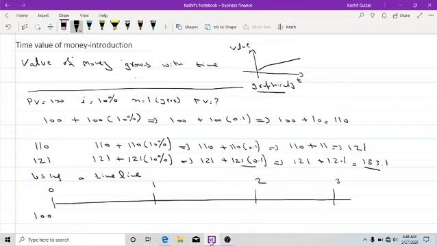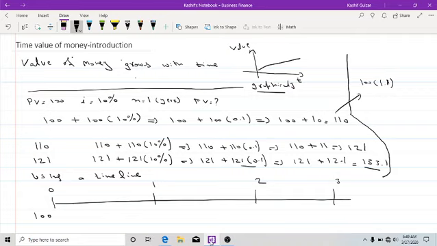After 1 year, I can say, okay, let's do it another way. This approach is a limited, time-consuming approach. Another approach I can use is 100 into 1.1.